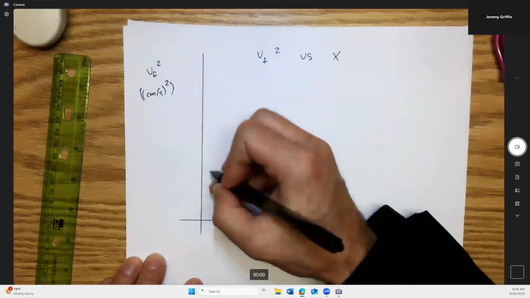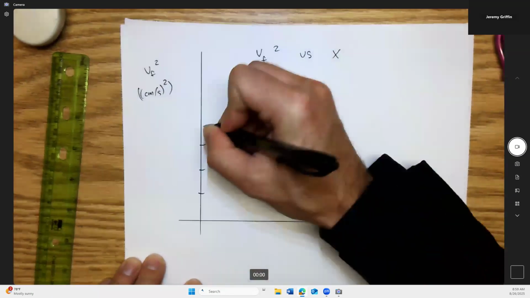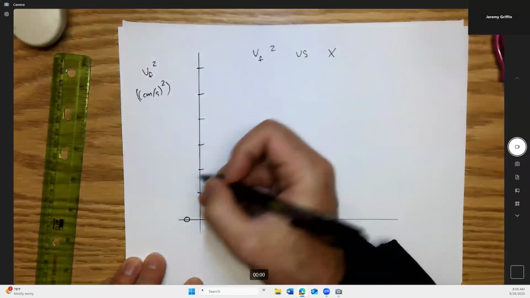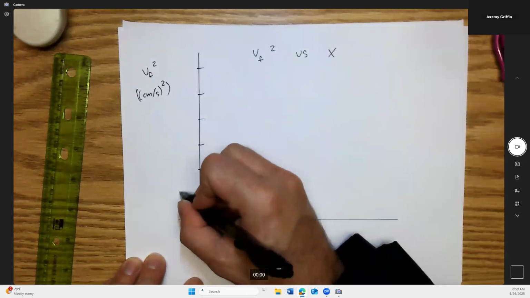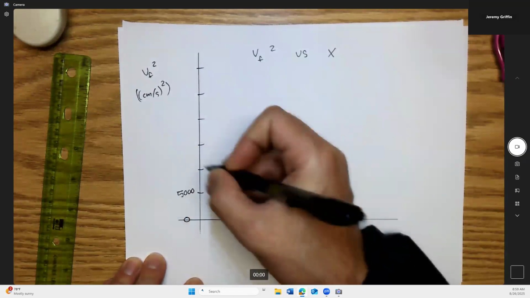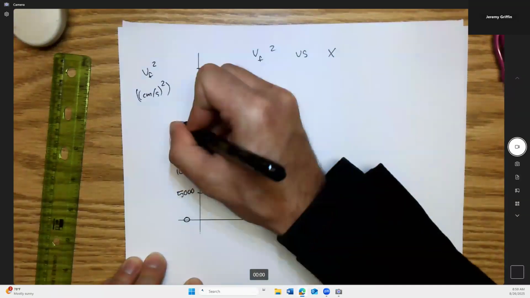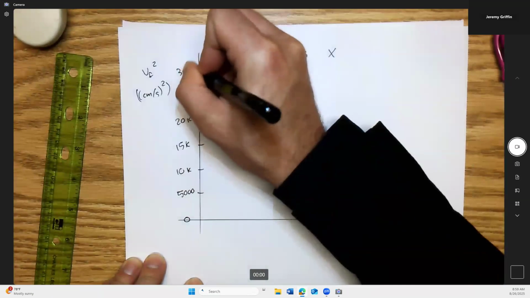So let's go about 5,000, 10,000, 15, 20, 25, 30,000. Guys, what's the prefix for 1,000? K. Yeah, K, right? We can do 5,000, then 10,000, 15,000, 20,000, 25,000, 30,000.